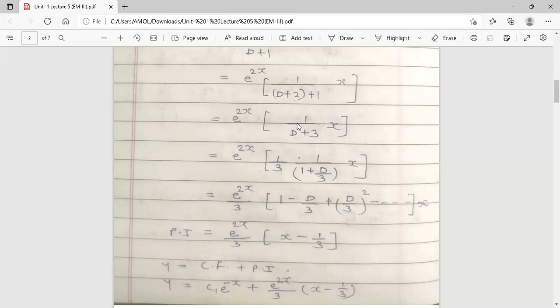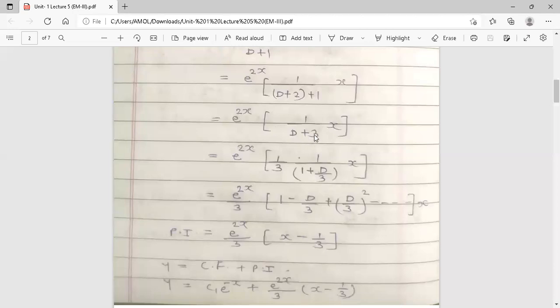Now you reduce the function D plus 3 in the form of 1 plus D, 1 plus x or 1 minus x, so that we can use the series. I'll discuss it in case 4 or type 4. Now how to reduce the denominator in the form of 1 plus x or 1 minus x?